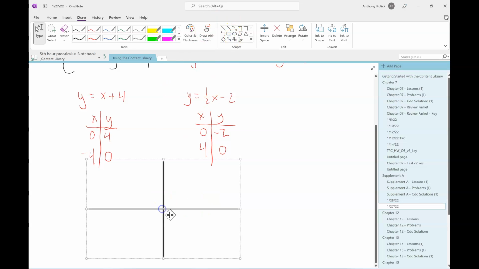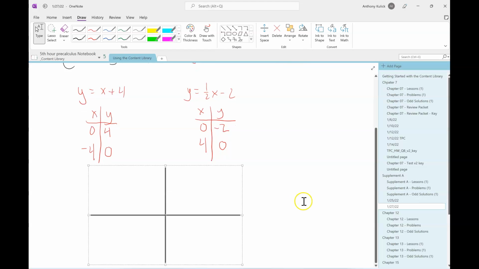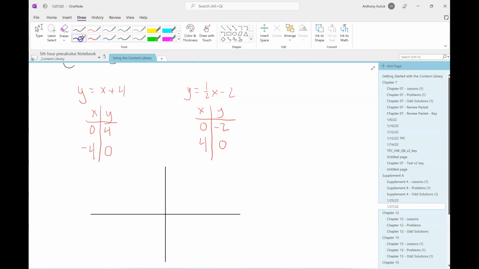So let's graph this stuff then. Let's see, 1, 2, 3, 4, 1, 2, 3, 4. I'll graph this one in blue and this one in green.